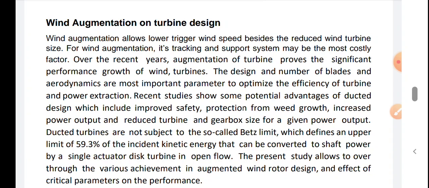Also, these ducted turbines, meaning after implementing augmentation in the design of the turbines, are not subject to the Betz limit, which is defining the upper limit of the incident kinetic energy to 59.3%, which energy can be converted to shaft power by a single actuator disc turbine in the open flow, which is a limitation.